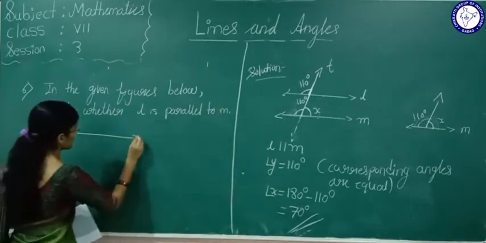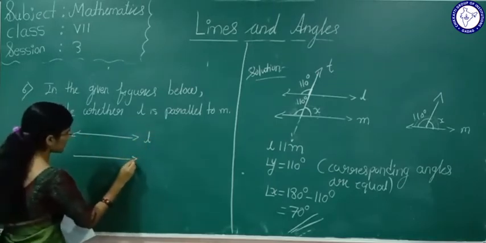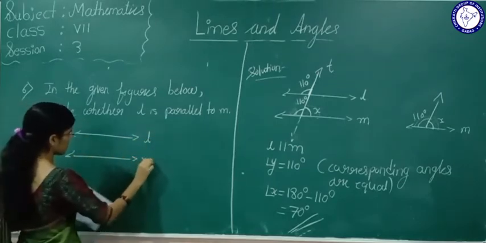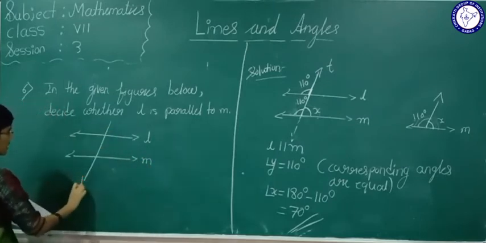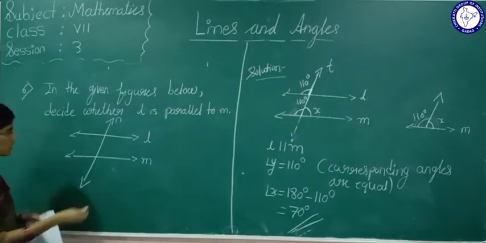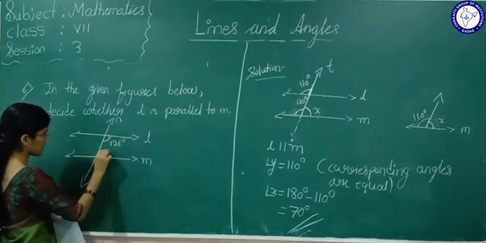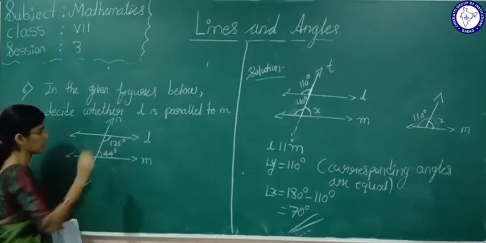Now see here, this is line L and this is line M. Okay, and here N is there. Now this angle is 126 degree and this angle is 44 degree.